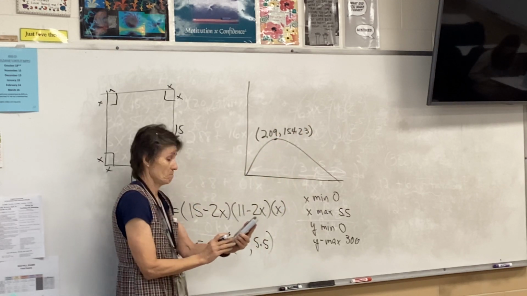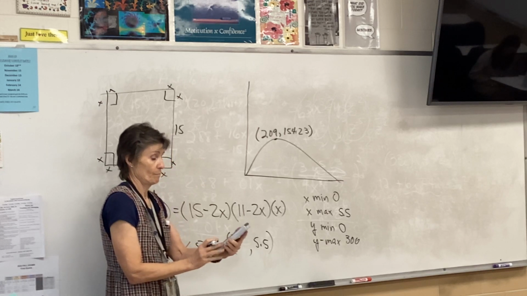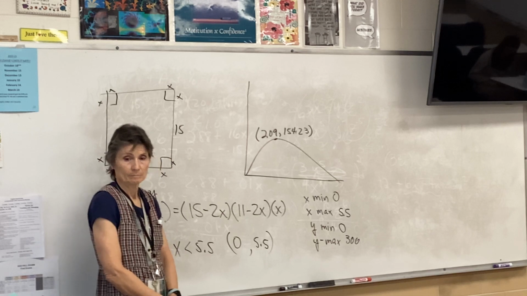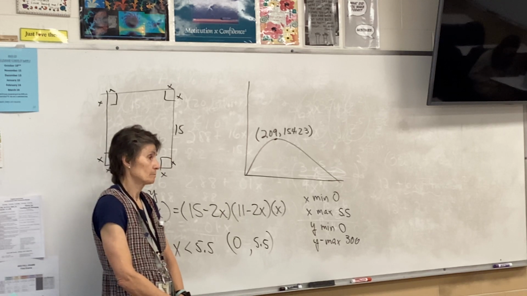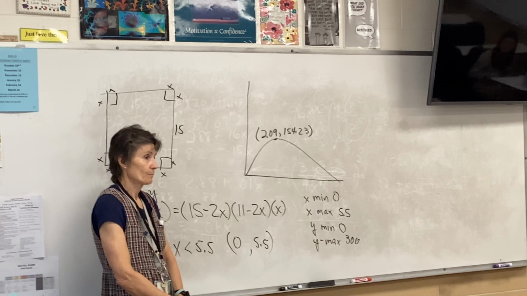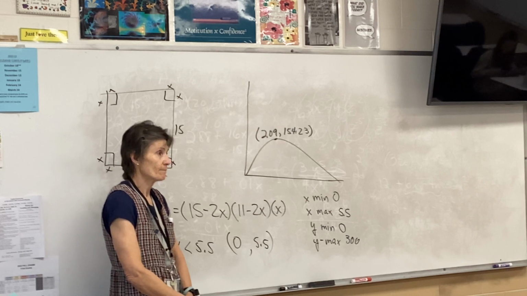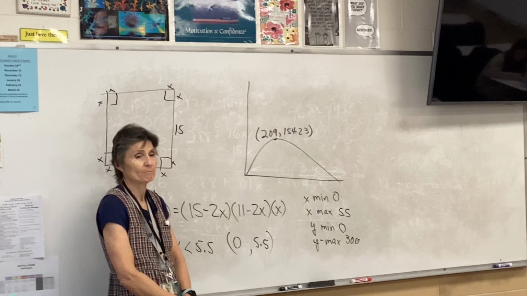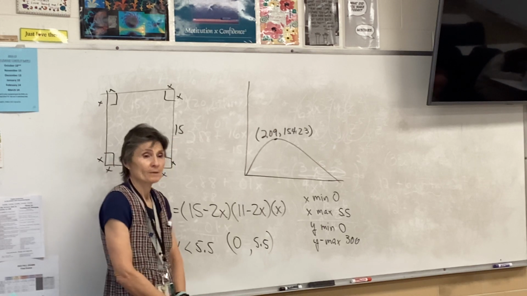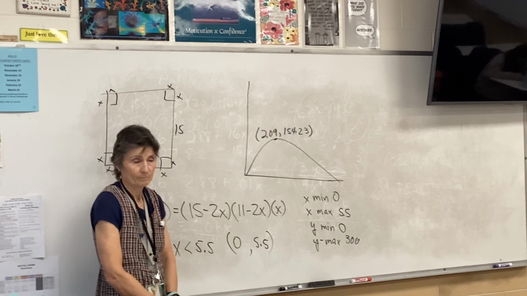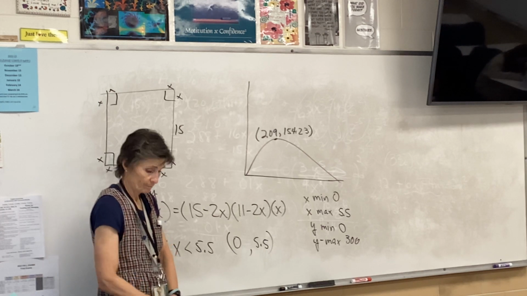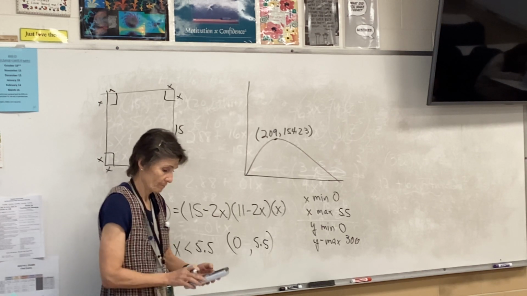Anybody else get that? I am not doing it for you on the exam. Please do not just copy mine down. Type it in yourself. Make sure you're getting those numbers. Does it matter where we round to?